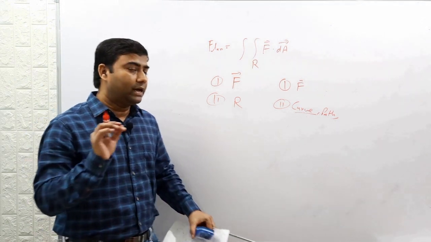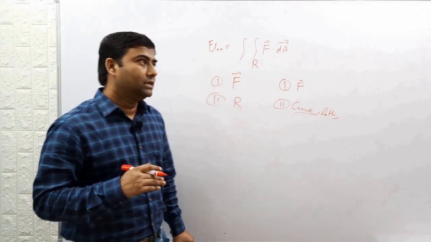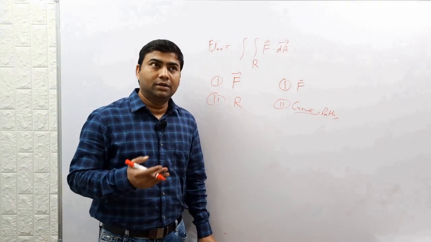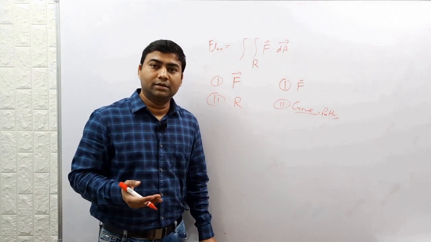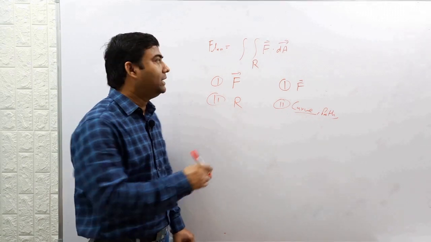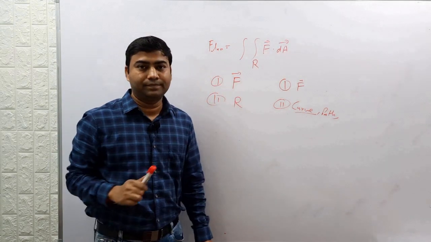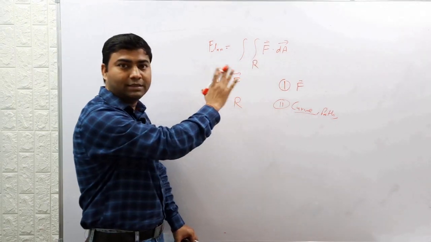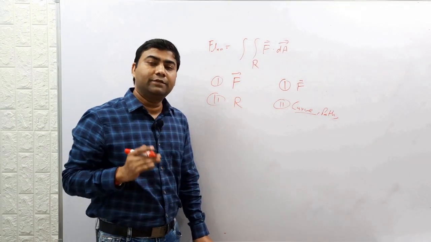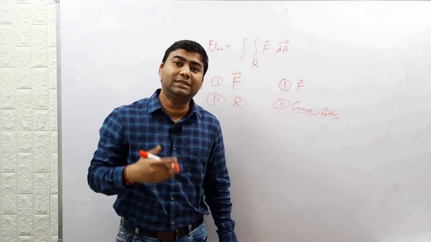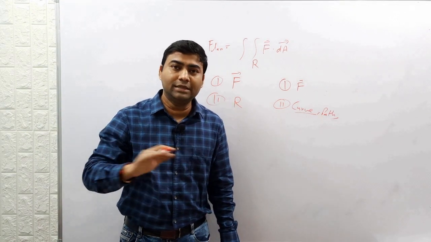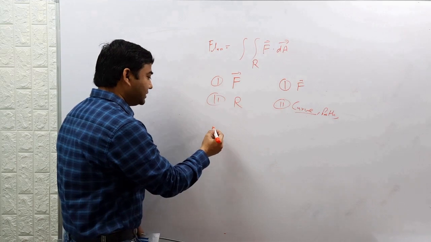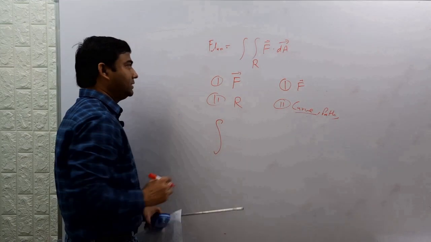But another important point is, you should never think that surface integration can only be found by double integration. This is the standard representation of flux by double integration. But surface integration can also be found by single integration. Just single integration you can find it, only single integration.